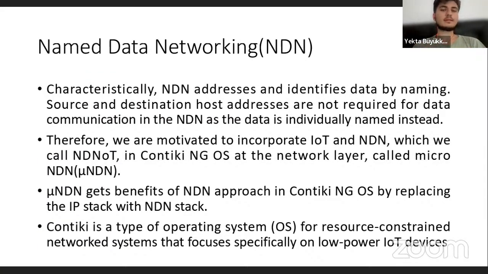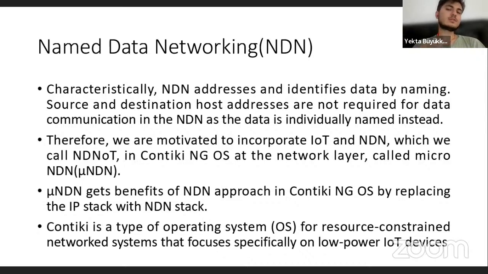It characteristically addresses and identifies data by naming, as I said before. Source and destination host addresses are not required for data communication in NDN, as data is individually named instead. For example, if you want to go to twitter.com, nowadays your DNS server would make a query for Twitter's address and resolve its hostname to an IP address, and then you would enter twitter.com.